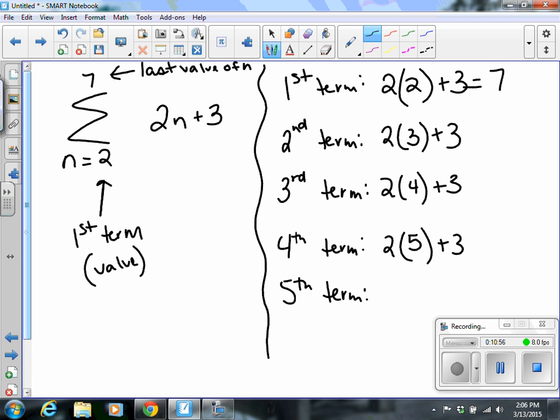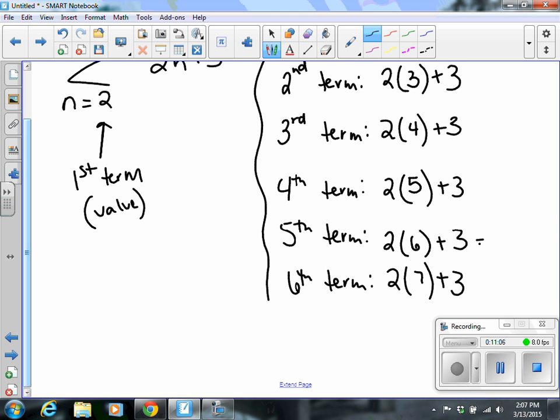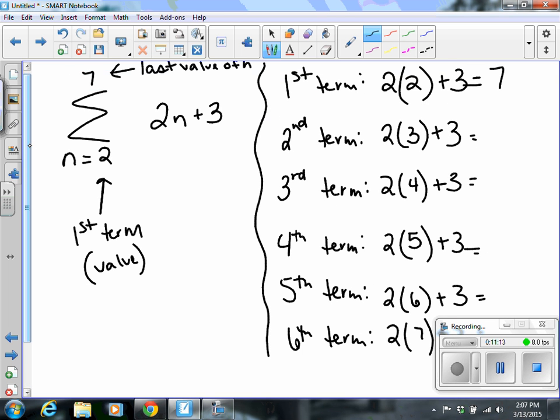And I'm actually missing one. So notice here when I'm going through this, what gets plugged into the parentheses just keeps increasing.